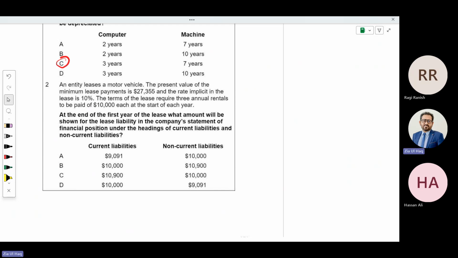At the end of the first year of lease, what amount will be shown for the lease liability, non-current and current, in the company's statement of financial position under current liability and non-current liability? Good luck, everybody. Giving you 2 minutes.